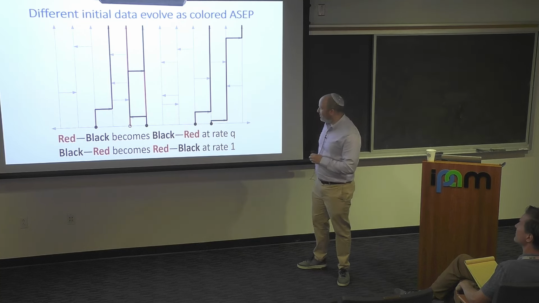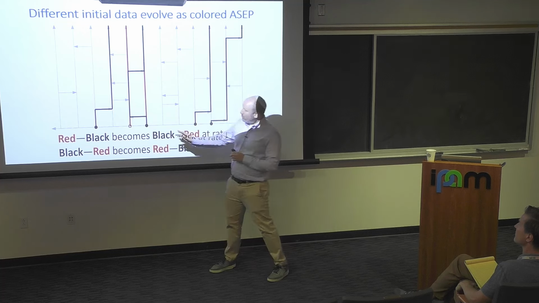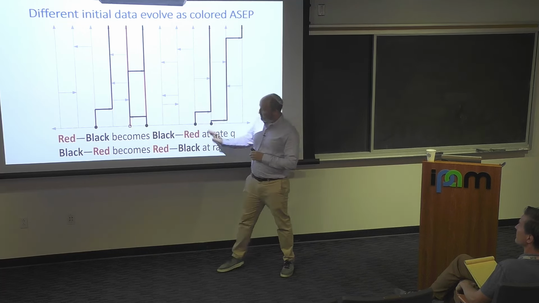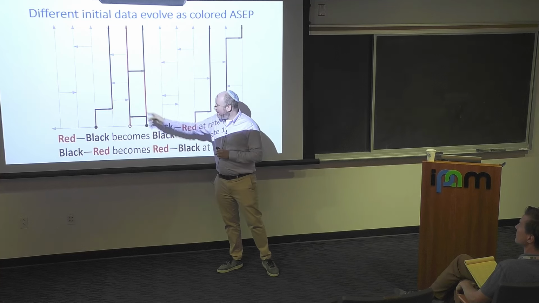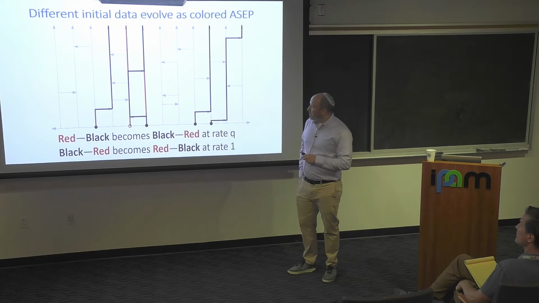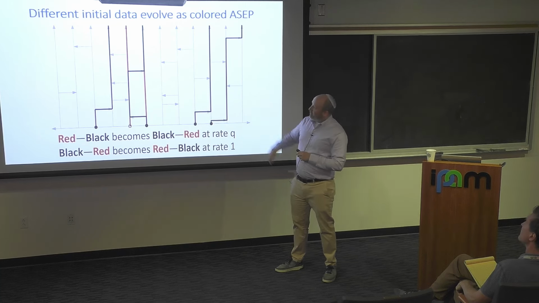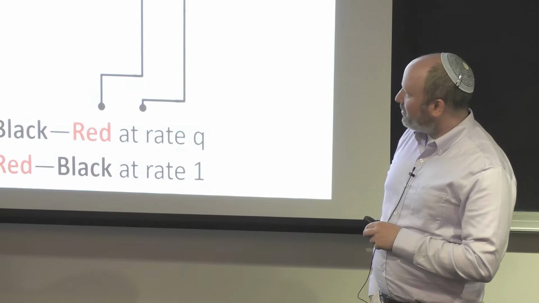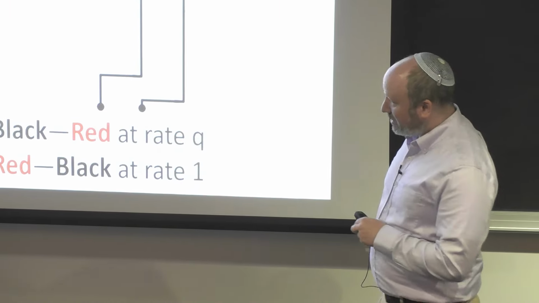So started ordered initial data stays ordered over time. This is called attractivity. And moreover, if you look jointly at the evolution of these black particles, which we'll think of as the heaviest particles, the red particle, which was this deviation, and then of course the empty sites, this will, if you forget about the background Poisson environment that was driving it, itself evolve according to a simple Markov process on colors.